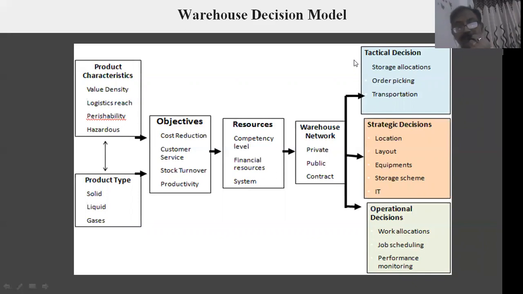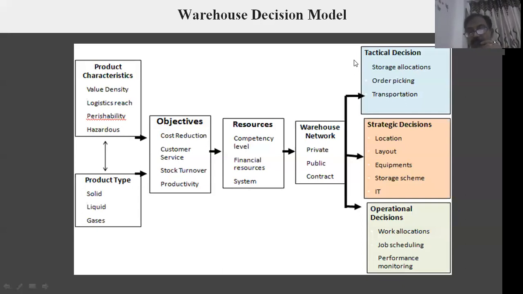Then equipment and installations, all these are capital items, and on these items, capital expenditure is required. So we have to be very cautious while deciding a location or deciding about the equipment, the IT infrastructure, the layout and all this.